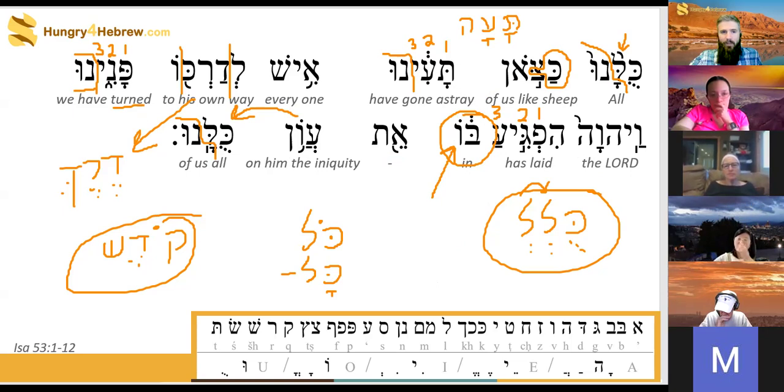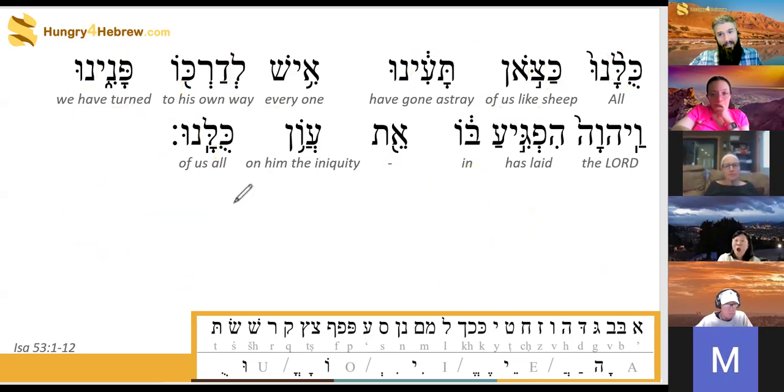Right? It would make more sense that this is referring to an individual, and in fact, in the Midrash it becomes a messianic passage, but most Orthodox don't like to mention that. They'll say, no, no, Isaiah 53 is talking about Israel.